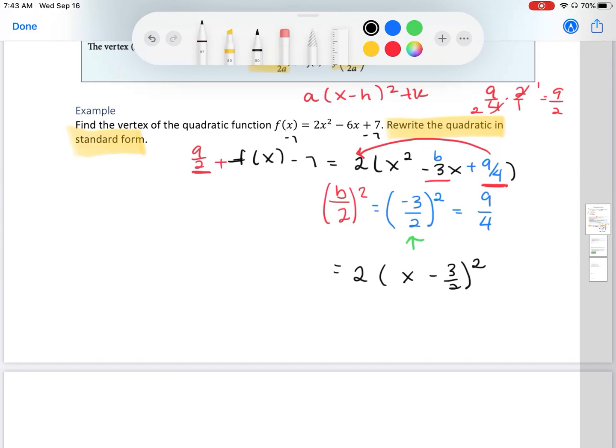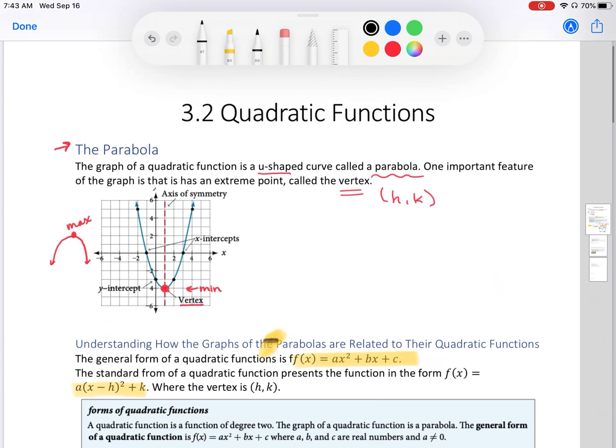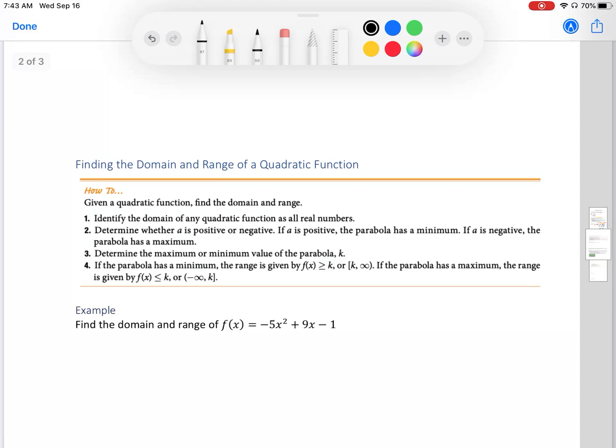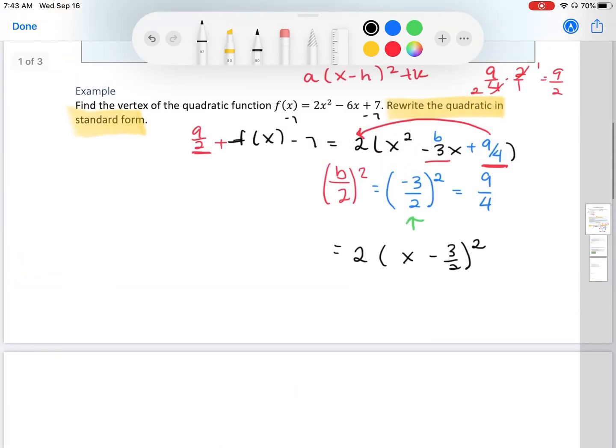So on the other side of my equation, I have negative 7 plus 9 over 2. Well, that gives us, we need a common denominator, negative 14 over 2 plus 9 over 2. We get negative 5 over 2.